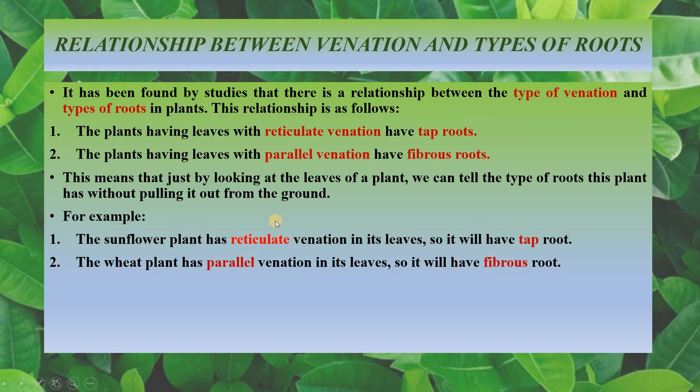And any plant which has parallel venation, whether it is your banana plant or wheat plant or sugarcane, make sure that it will have a fibrous root. So if you know this relationship, without uprooting the plant you can easily track whether the plant has a taproot or fibrous root.